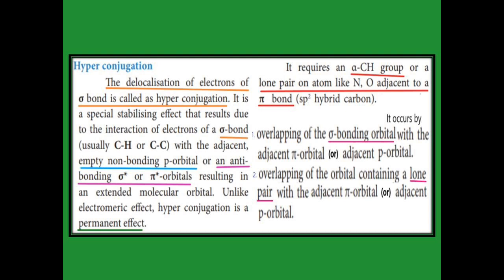These sigma bonds should be adjacent to an empty non-bonding p orbital or an antibonding sigma star or pi star orbital. When this occurs, we get the hyperconjugation effect.